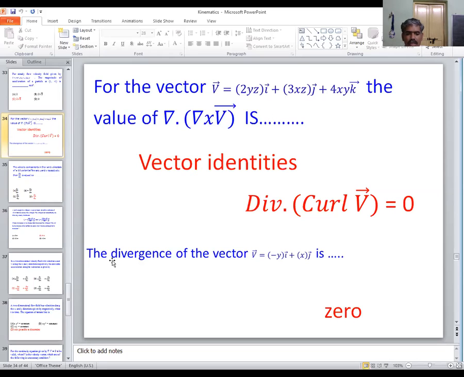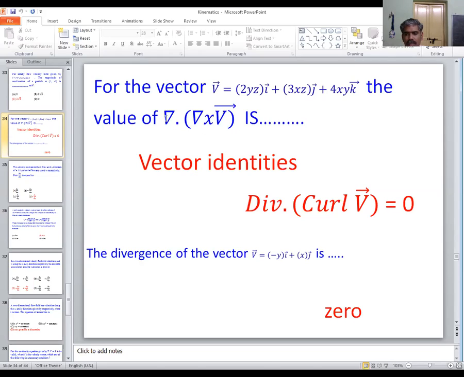Then the next question is the divergence of the vector b equal to minus y i vector plus x j vector is 1. So here the divergence is asked. The divergence is the del vector dotted with the v vector, the cross product will be removed, the remaining things.